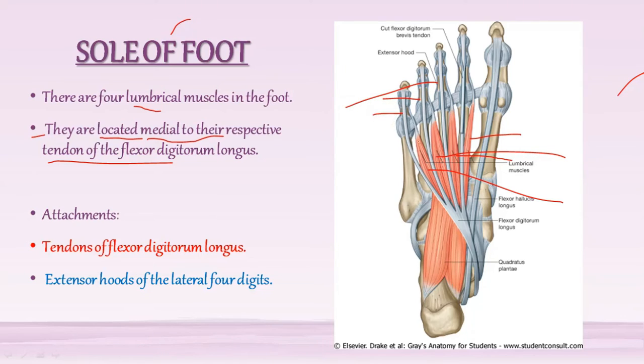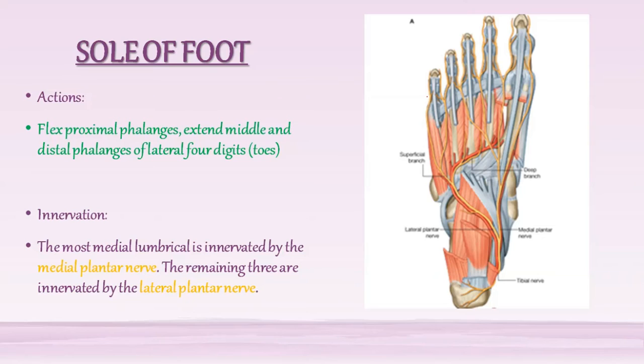Look at the picture, these muscles insert on the extensor hood of the lateral 4 digits. This muscle flexes the proximal phalanges and extends the middle and distal phalanges of lateral 4 digits. The most medial lumbrical is innervated by the medial plantar nerve. The remaining 3 are innervated by the lateral plantar nerve.